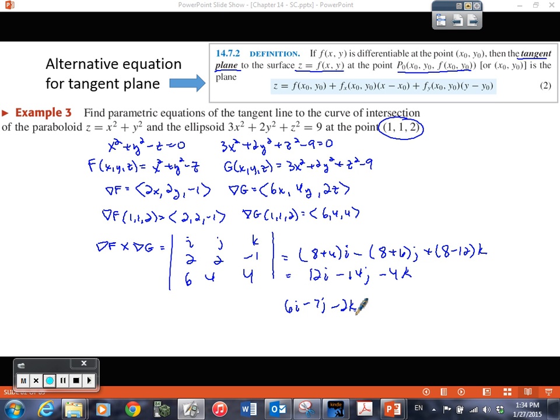We're going to use this to write our parametric equations. With our point (1, 1, 2), our parametric equations are x equals 1 plus 6t, y equals 1 minus 7t, and z equals 2 minus 2t. That gives us our parametric equations, and that concludes the lesson for today.